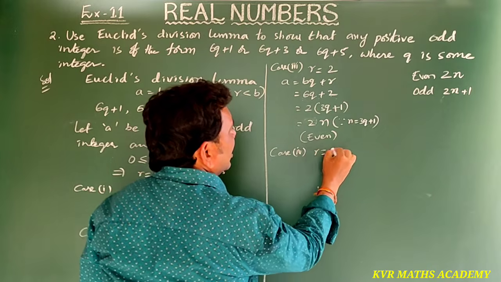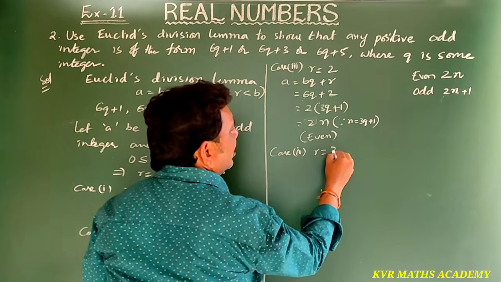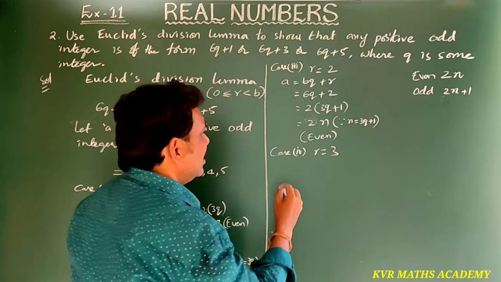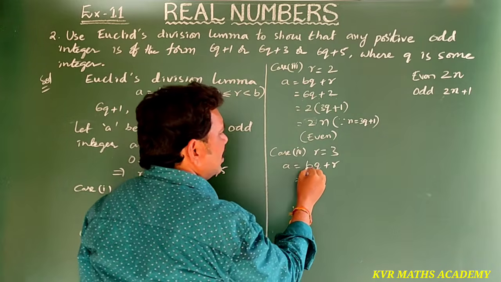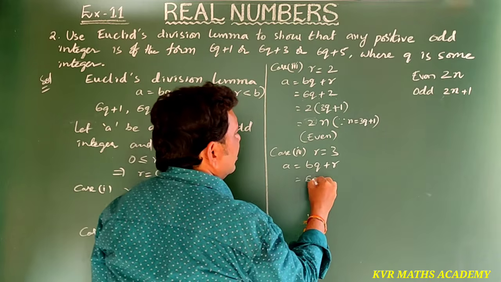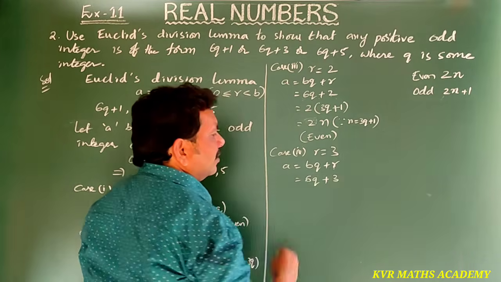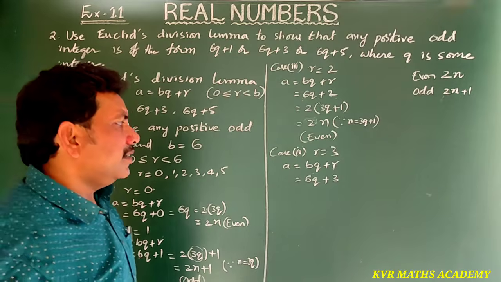Case 4, r is equal to 3, 2 completed, no? Yes, a is equal to bq plus r, that is equal to 6q plus 3.